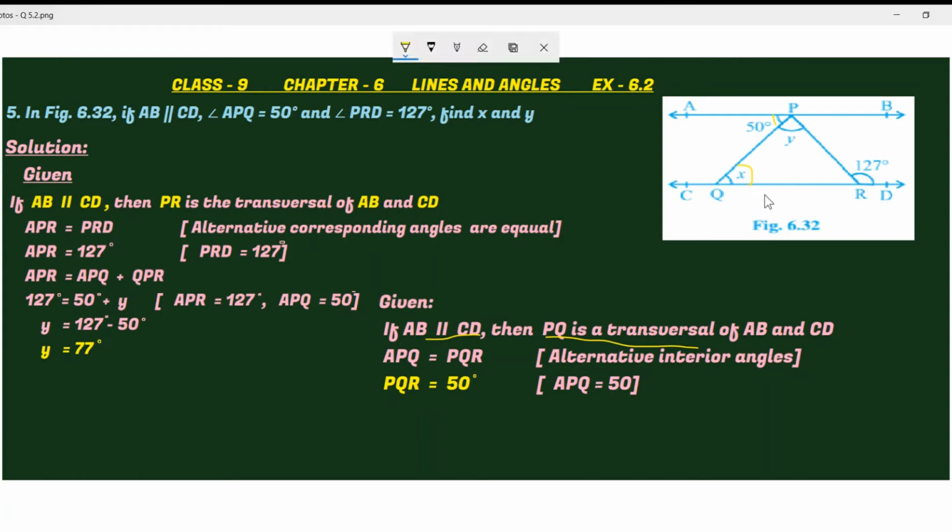We know alternate interior angles are equal. So APQ is equivalent to PQR. APQ they have given in the question, so I can directly equate PQR is equivalent to 50 degrees. That's it. Let's move on to the next question.